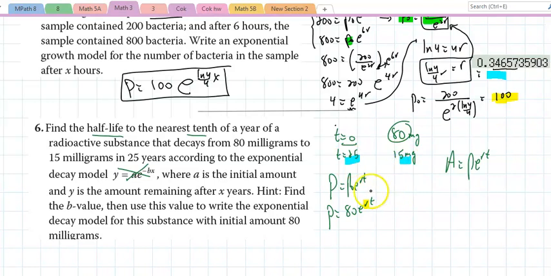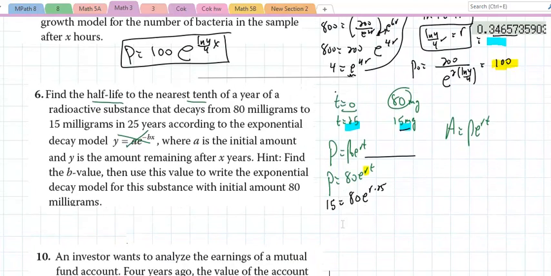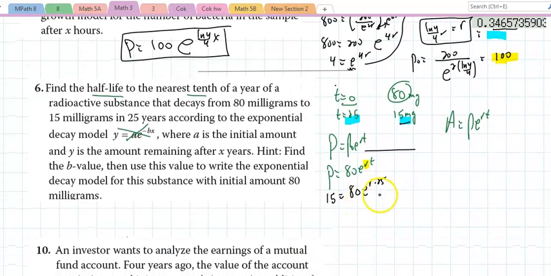And how is that? Well, let's see. In 25 years' time, I'm going to have 15 left. What kind of an equation is that? That's an exponential equation. Well, isolate the exponential by itself. Divide by 80 on both sides.